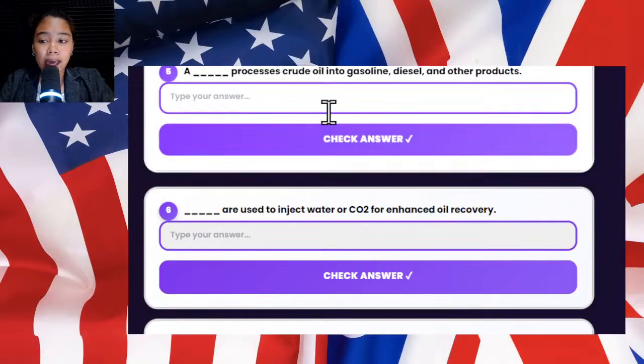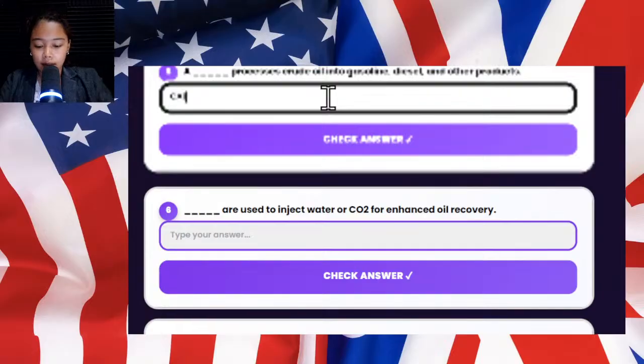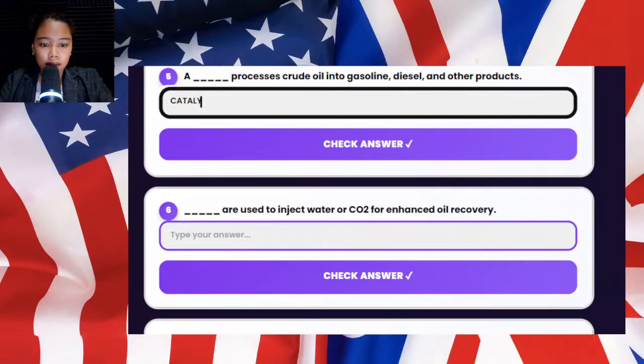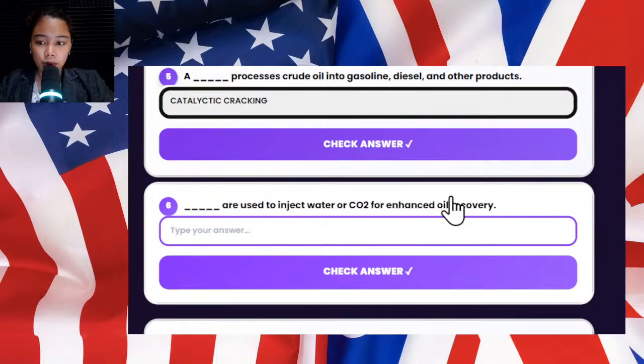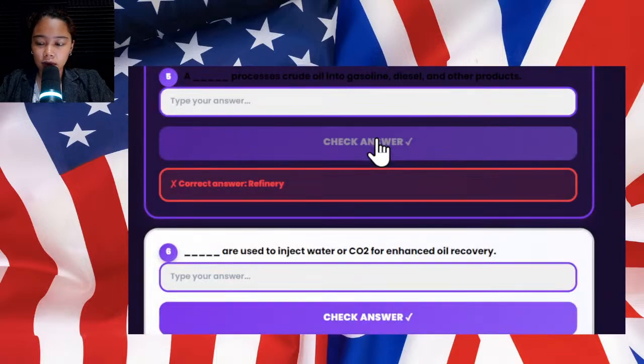This is called catalytic cracking. Okay, this is the spelling. Catalytic cracking. Okay, let's check our answer. Oh no, refinery. I'm quite confused because it's quite the same. Let me correct myself. The answer should be refinery.